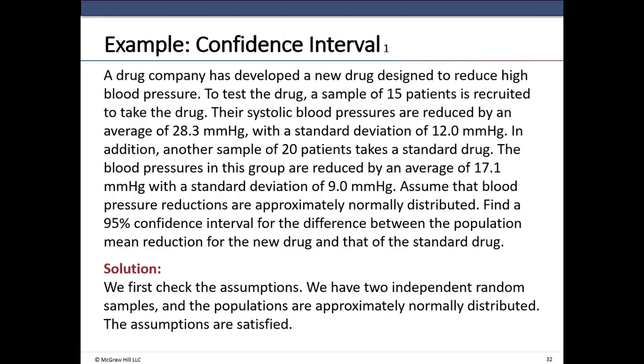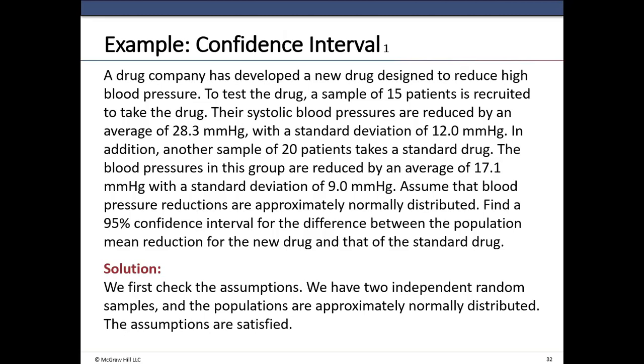So we first check the assumptions. We have two independent random samples and the populations are approximately normally distributed. The assumptions are satisfied. So now go to our calculator, STAT, TESTS. We are scrolling down to 2-SampTInt, t because we do not know the population standard deviation. Number 10.